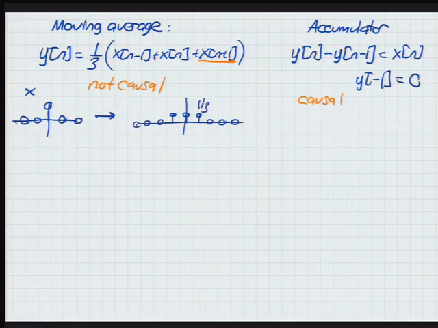Before time -1, I'm taking the average of all zeros. Only when time is equal to -1, I start taking the average of this, this, and this, so it becomes 1 over 3. At time 0, I'm taking the average of 0, 1, 0, still 1 over 3. At time 1, I'm taking the average of 1, 0, 0, and afterwards it goes back to 0. So this is our impulse response, h[n].